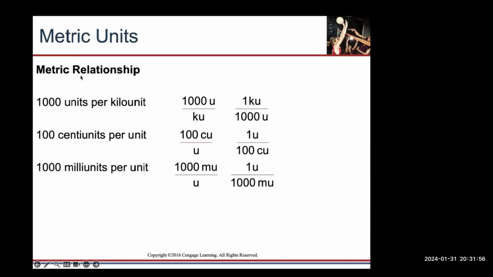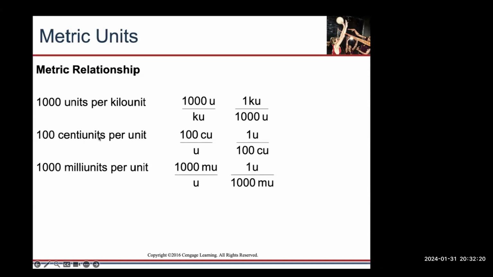So we have these unit relationships. Kilo is always going to be 1,000 times our base unit. So regardless of whether our unit is milliliters or grams or meters, a kilo is always 1,000 times greater than our base unit. Centi is always going to be 100 times less than our base unit.